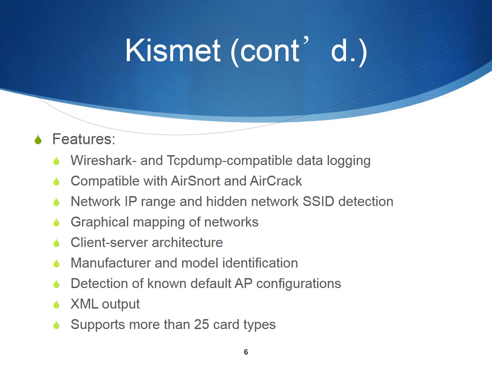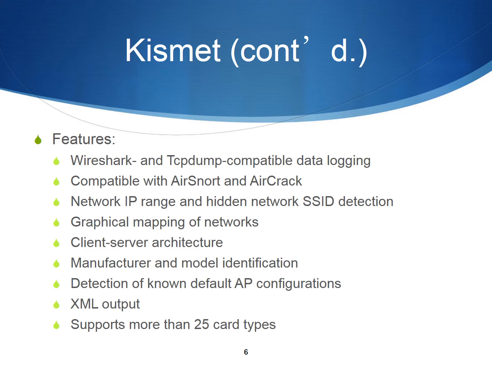Kismet continued. Some of the features of Kismet are: it does Wireshark and TCP dump compatible data logging. It is compatible with AirSnort and AirCrack. It can perform network IP range and hidden network SSID detection. It can do graphical mapping of networks.